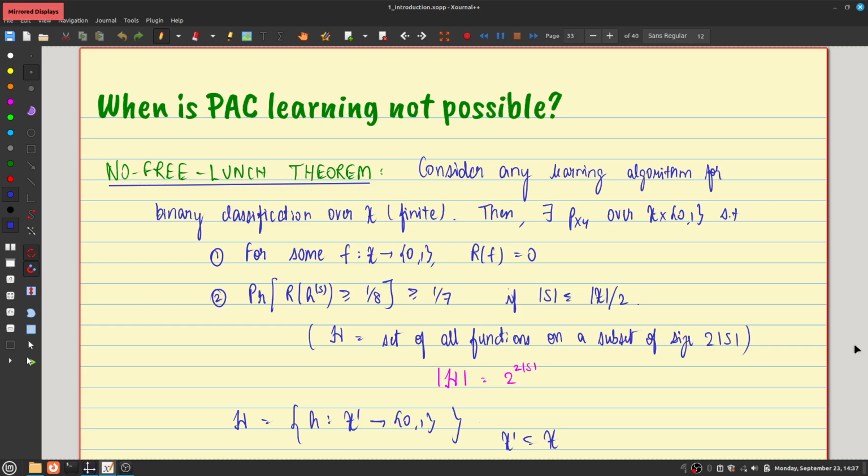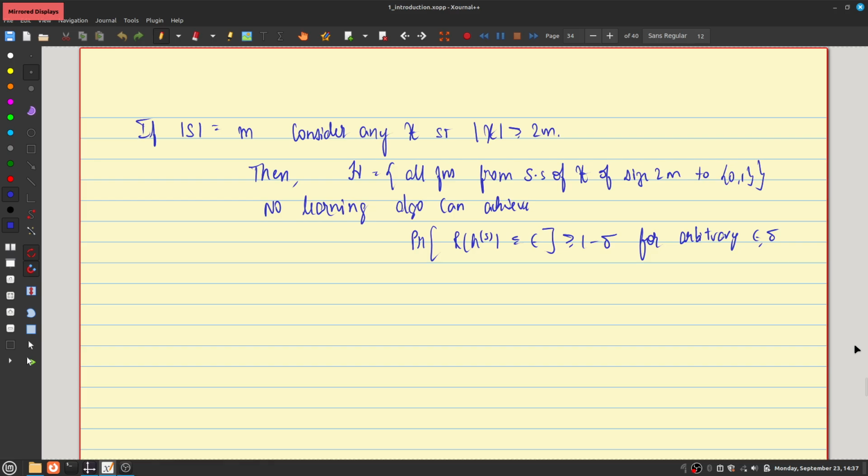So to derive a lower bound, we use this no free lunch theorem, which essentially says the following: if we are ever in a scenario where the domain contains at least 2m symbols, the size of your domain set is at least 2m, and you have fewer than m samples, which is half of the domain set, and if the hypothesis class is the set of all functions from the domain set to the binary alphabet 0, 1, then no learning algorithm is going to be able to achieve an arbitrarily small epsilon and delta.